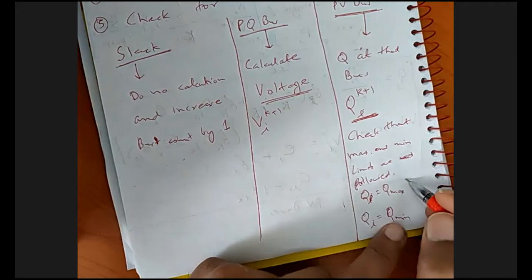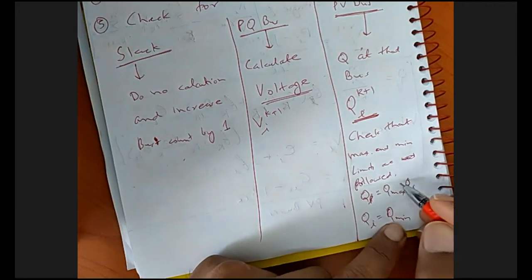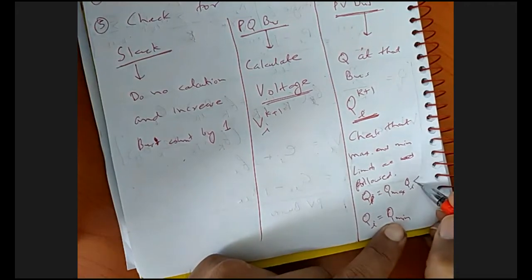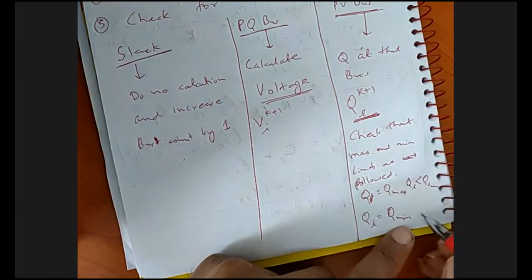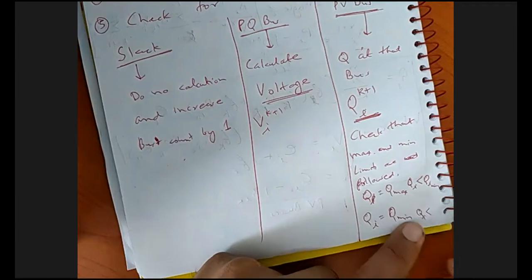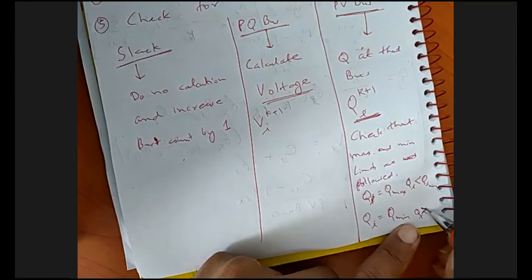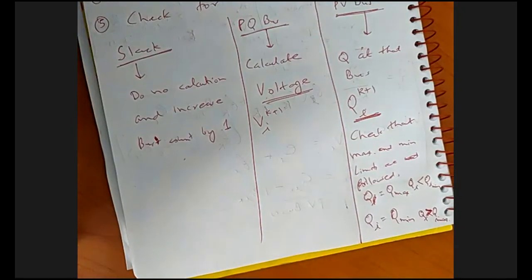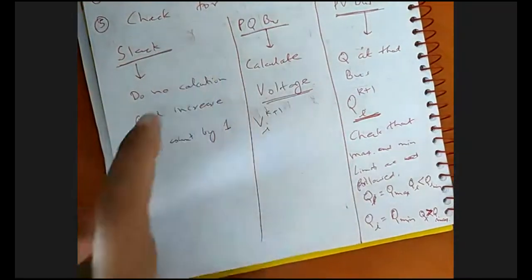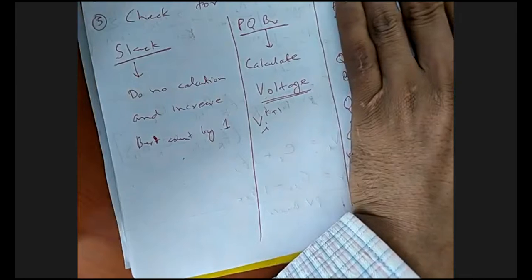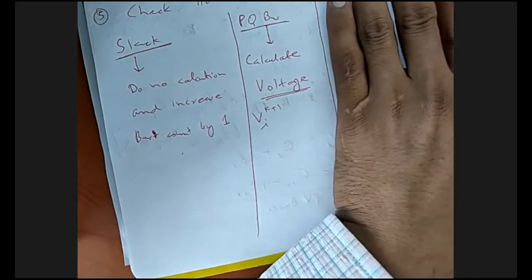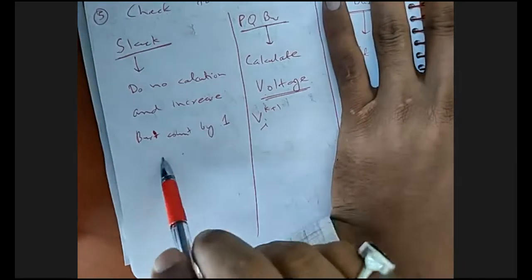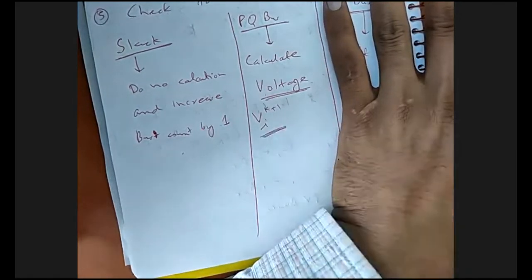If Q_i is less than Q_i minimum, and if Q_i is greater than Q_i maximum. So when we are doing only this part, slack bus and PQ bus, it is much simplified because we have to only calculate voltages at all the buses.